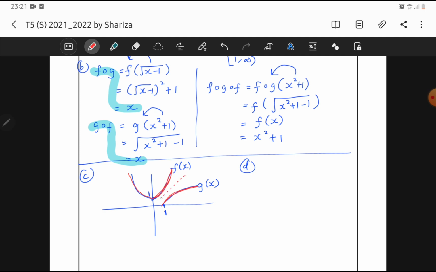Kalau inverse tu kan dia reflect kat sini. Meaning that we need to cut this part. Kita kena cut kat situ. Baru dia tu reflected about y equal to x line. Faham tak saya nak cakap ni?